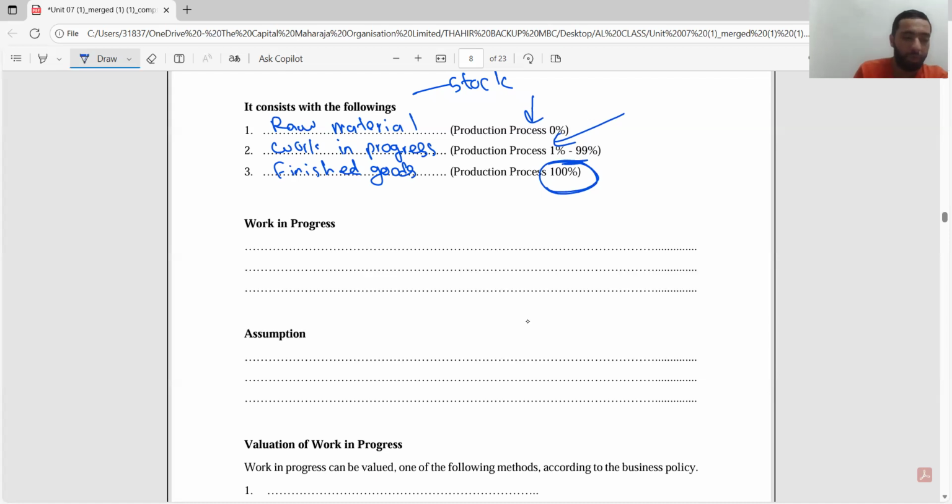Okay. So let's move on. Work in progress. What is work in progress?